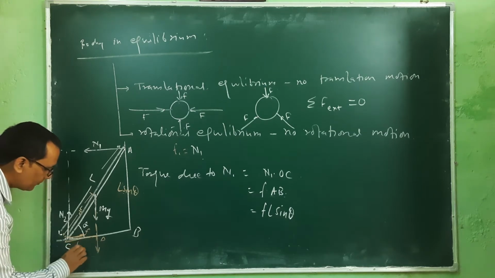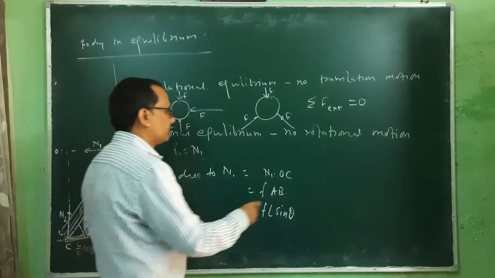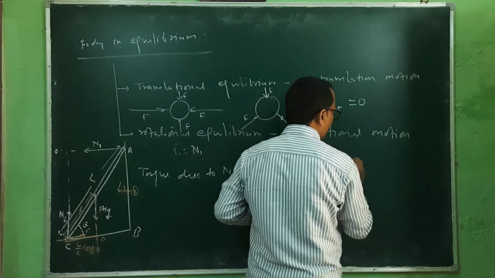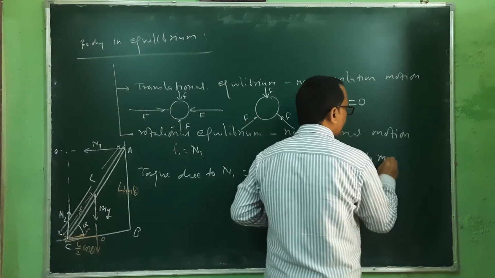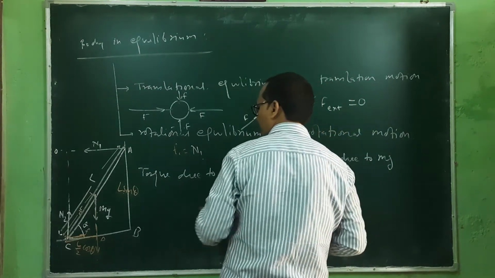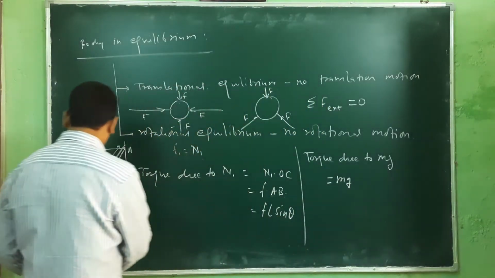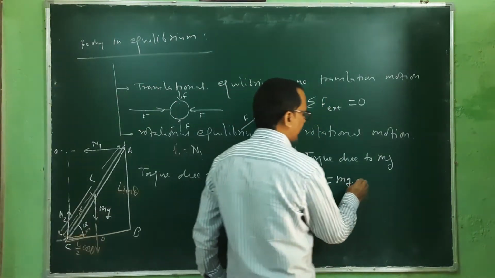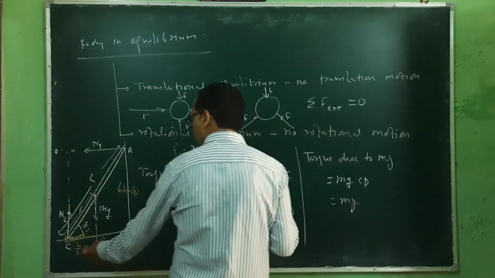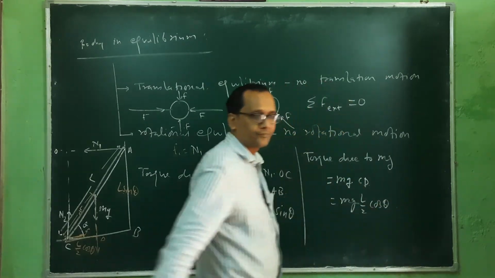L by 2 cos theta. So the torque due to mg is equal to the force mg multiplied by the distance CD, which is mg L by 2 cos theta.